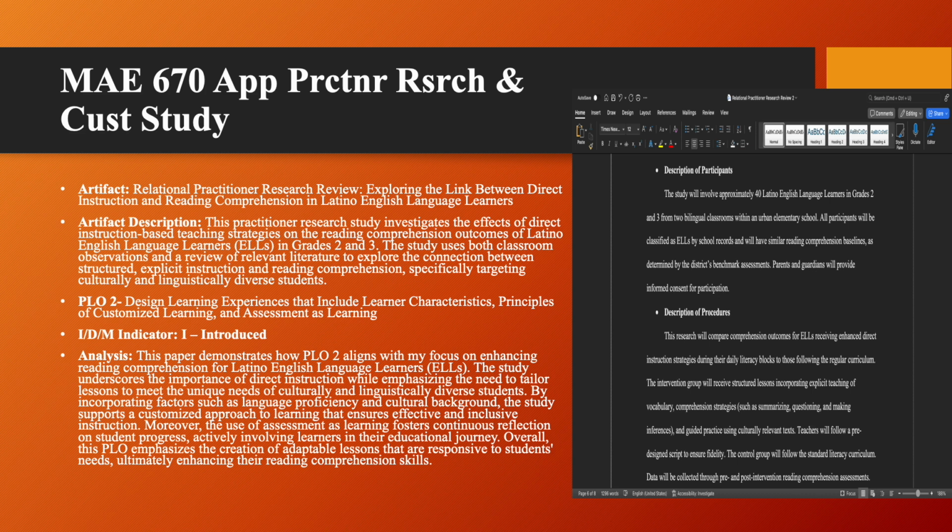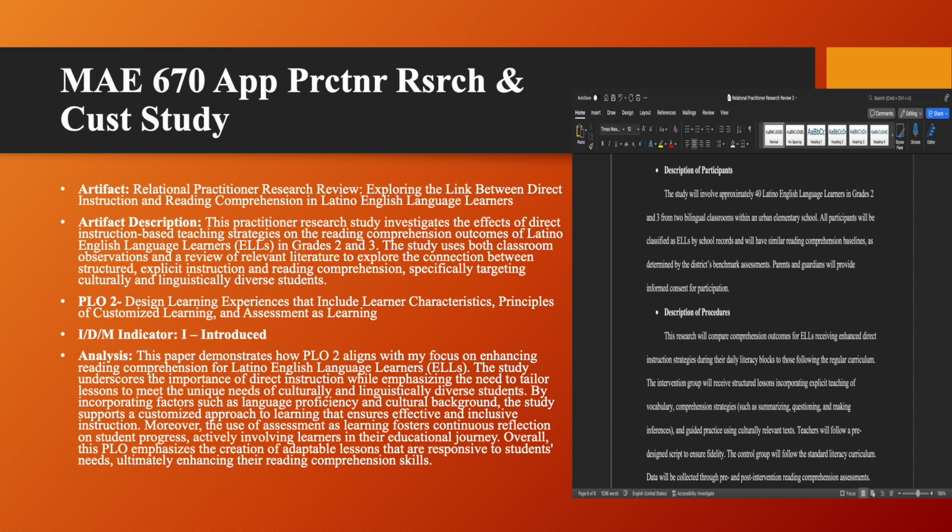The study uses both classroom observations and review of relevant literature and explores the connection between structured and explicit instruction and reading comprehension, specifically targeting culturally and linguistically diverse students.